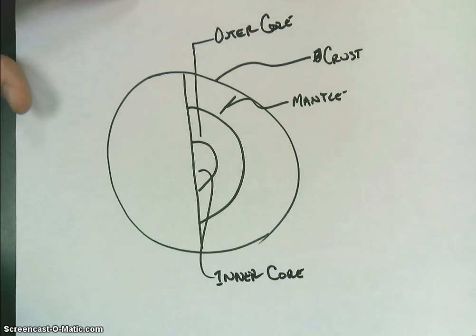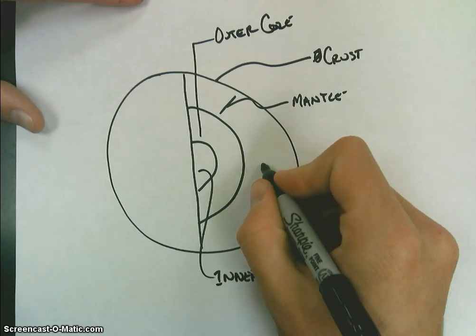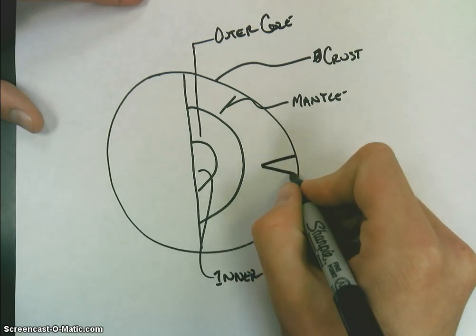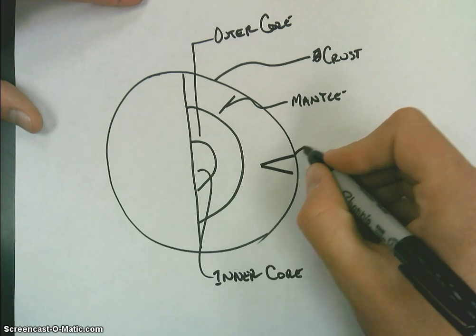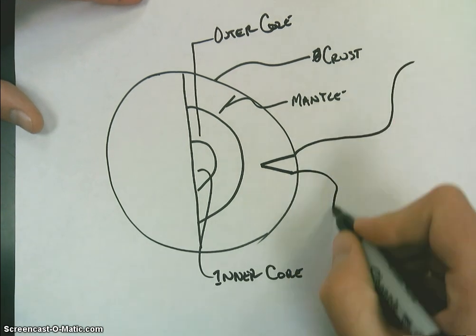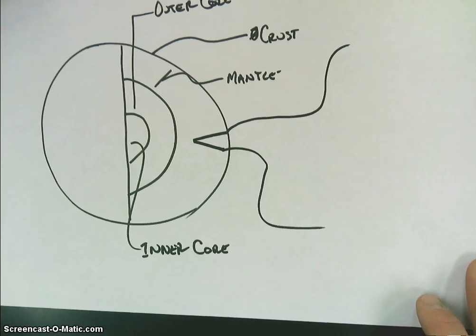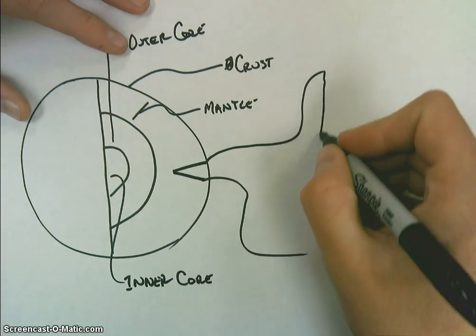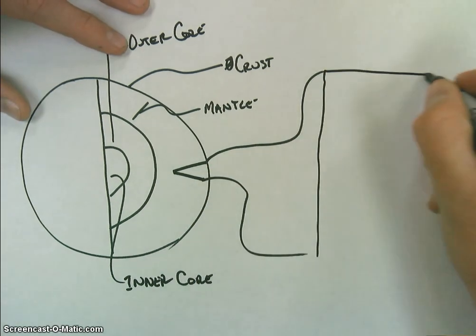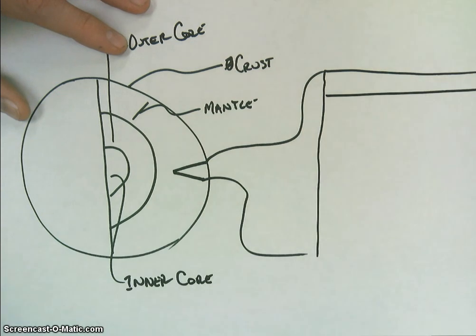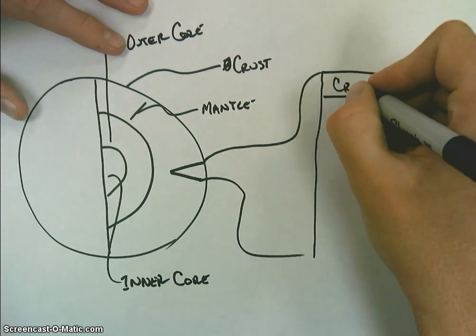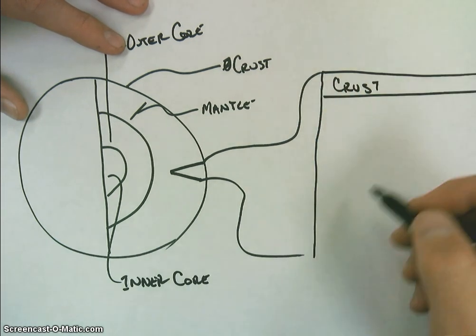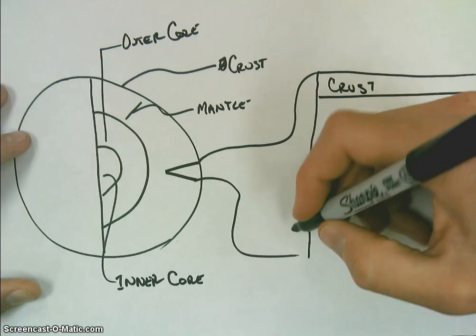Now, if I take this segment here, okay, and if I actually took that and blew that up, okay, to a much larger portion, this is actually going to be a couple of layers, okay? This top layer that we're looking at right here, again, is the crust, okay, and then this bottom layer we know to be the mantle.